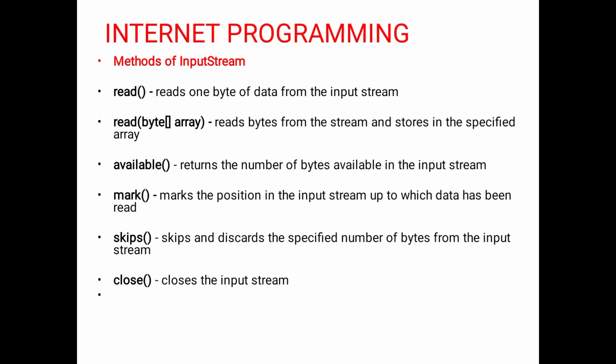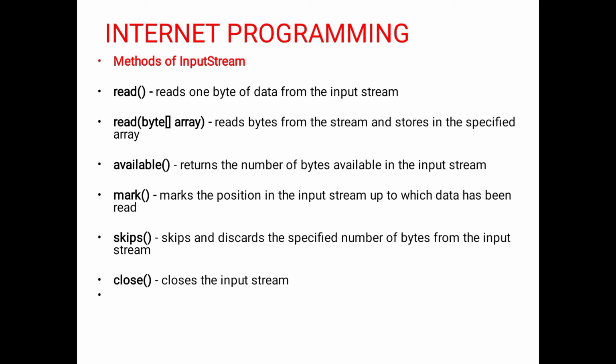The first is read, then read(byte[] array), then available, then skip, and then close. Using the read method, you can read 1 byte, that is 8 bits of data, from the input stream.